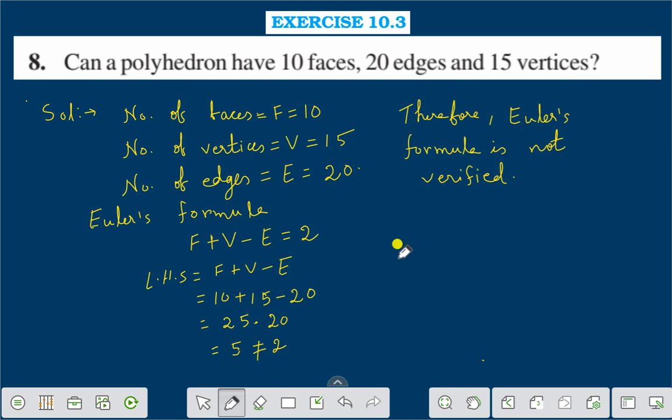Therefore, you can say such a polyhedron is not possible.